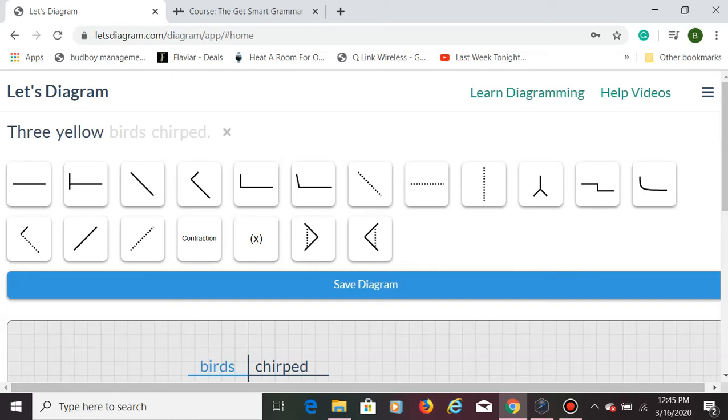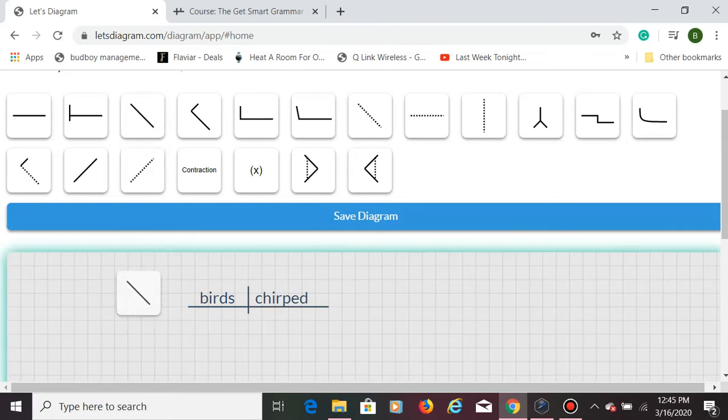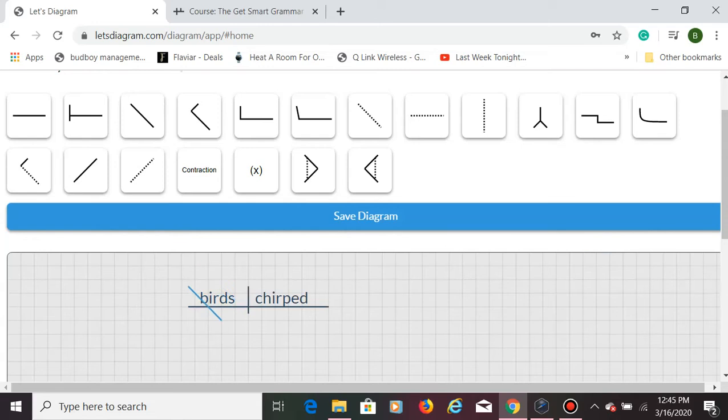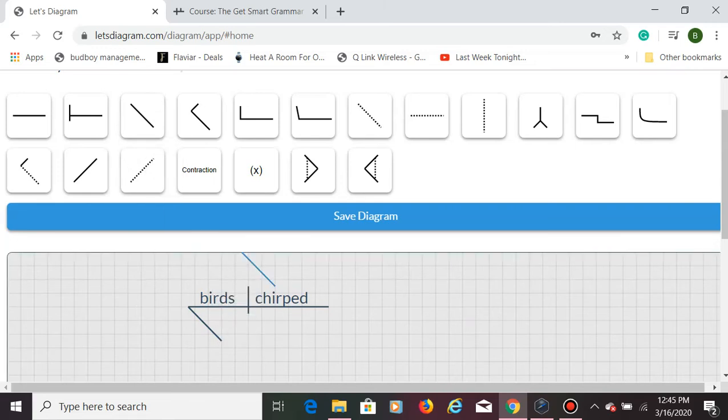That's one of the noun jobs. A noun can be a subject. So, we're going to modify the subject, which is the noun in the sentence. And to do that, we put our adjectives underneath the noun. And we have two of them.